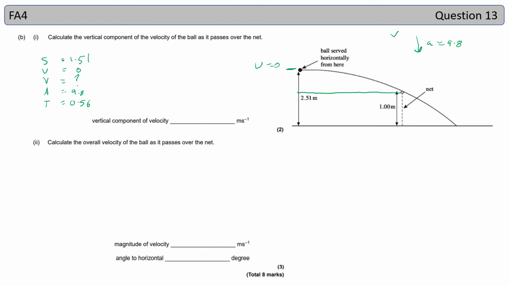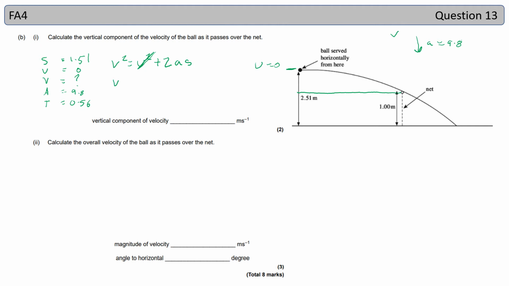So again, we just find the best SUVAT equation to use in this one here. We want v, and we have everything else. So we're going to use v squared is equal to u squared plus 2as. That's going to disappear down to 0 again because our u is 0. So v squared is just equal to 2as.